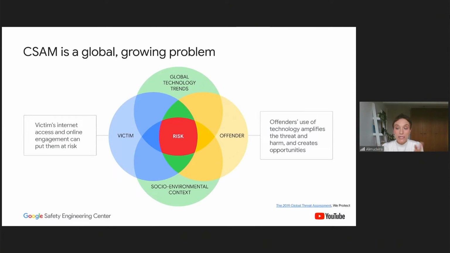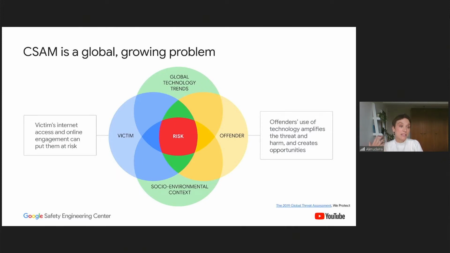But in those 20-plus years, the number of reports of child sexual abuse has continued to grow. Globally, there have been close to 50 million reports made over the past 20 years, not only to Google but also to other companies that operate in this space. And this is partly down to the rise in technology.